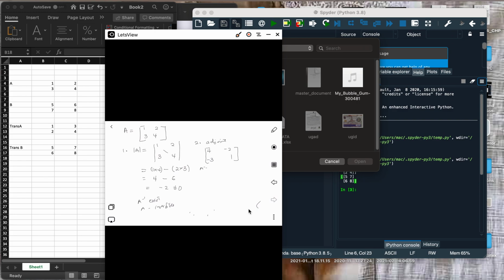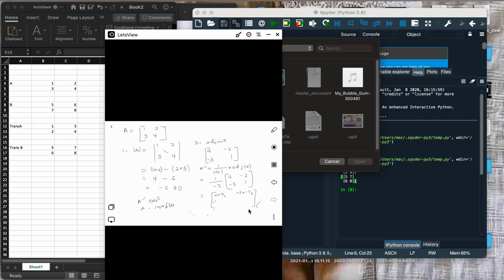Right, so our inverse, which is 1 over the determinant times the adjoint, becomes, our determinant is minus 2, so 1 over minus 2 times our adjoint, which is 4, minus 2, minus 3 and 1. So this will give us 4 times minus 1 over 2, minus 2 times minus 1 over 2.